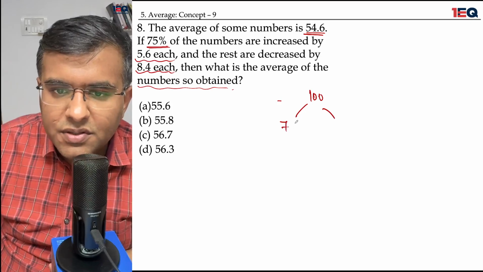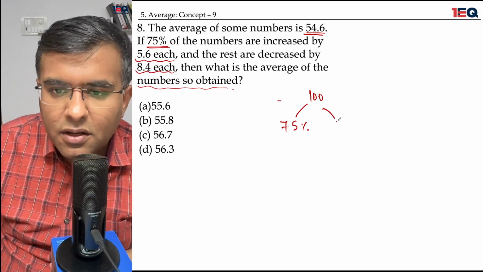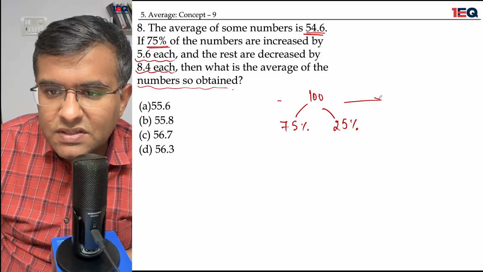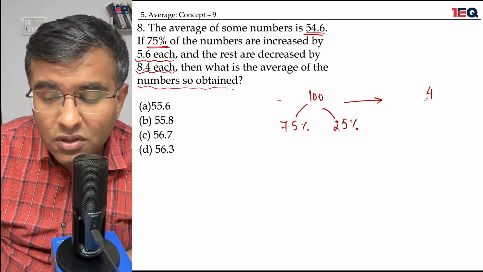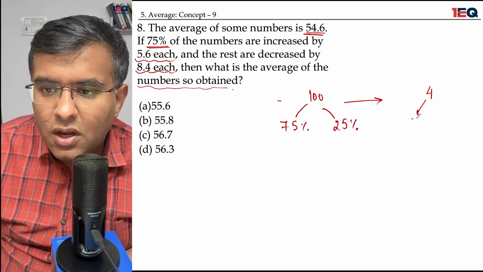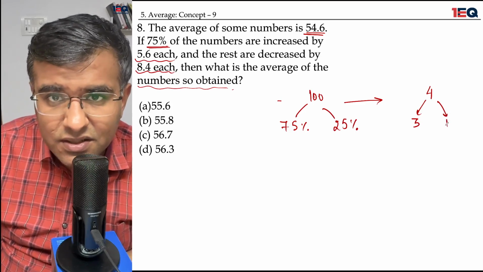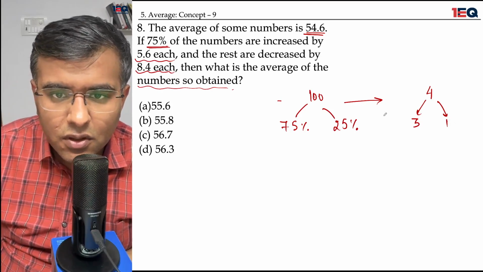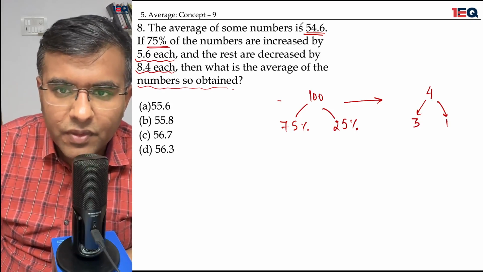Then there is a competition between 75% of the numbers and 25% of the numbers. In an easy and parallel mode, I can say that the total number of terms was 4. Out of them, 3 were increased and 1 was decreased.